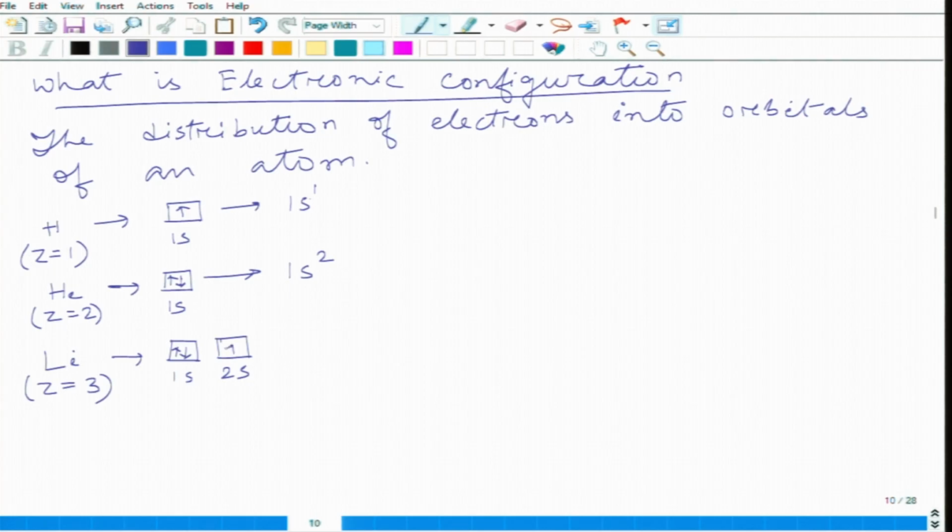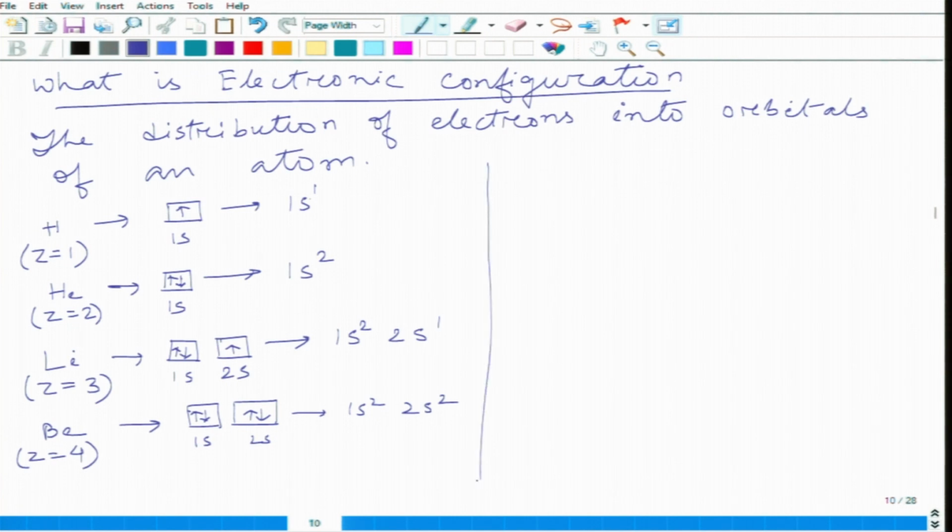So the third electron will be placed in 2s, and we write the configuration as 1s2, 2s1. Similarly, for beryllium, Z equal to 4, we have 4 electrons. This is 1s2, 2s2.